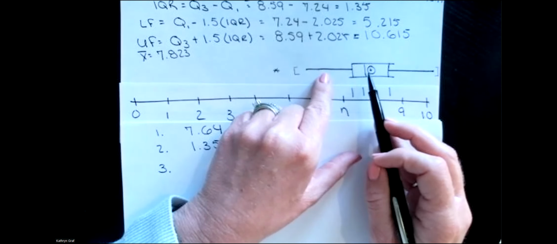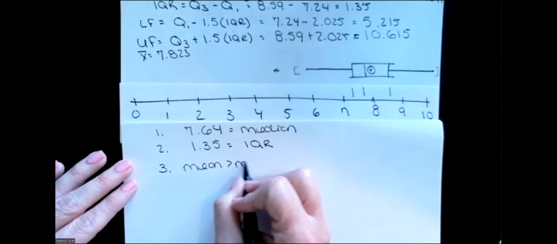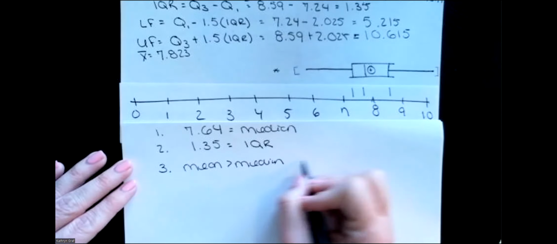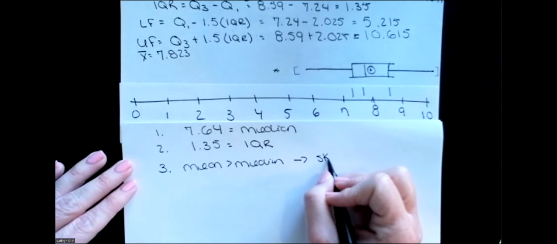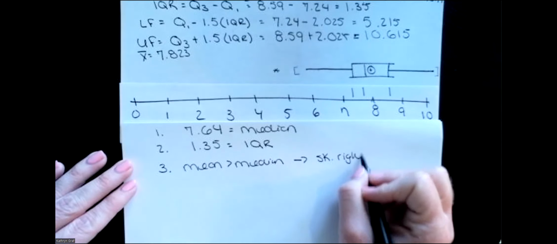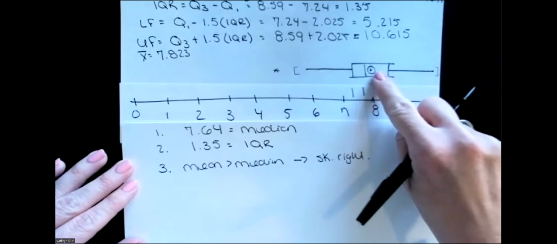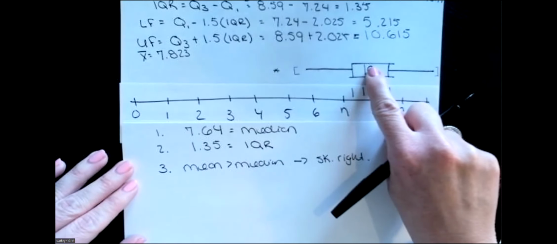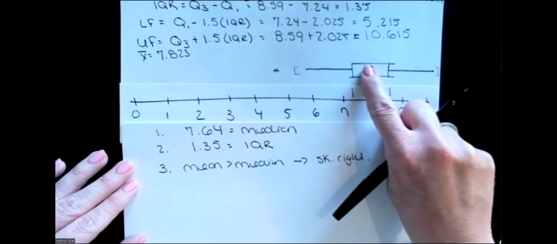The mean is 7.8 and the median is 7.6. So typically, if the mean is greater than the median, then we would indicate that it's skewed to the right.